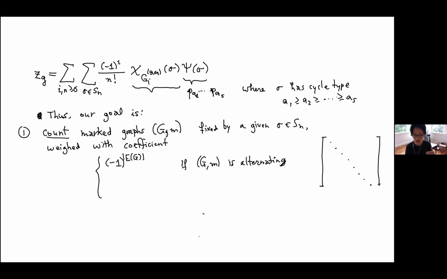And because we're doing an Euler characteristic, it should be counted according to the parity of the number of edges. So it should be counted with coefficient (-1) to the number of edges if (G, M) is alternating. And if G is not alternating, then it doesn't appear, as you remember, zeroed out by the relations in our graph complex. So it should be counted 0 times.